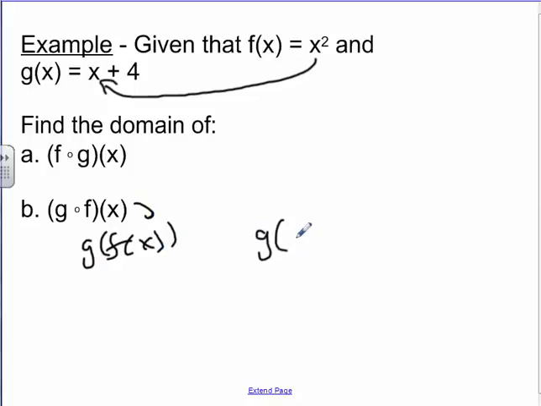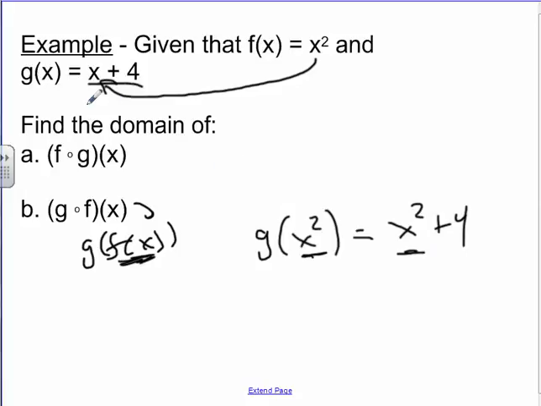So if g of x is x plus 4, and f of x is x squared, then g of f of x will be x squared plus 4. This x really replaces this one right here. If this was an x, now it's an x squared. So that's composite functions. Again, that's a major topic in 30-1.